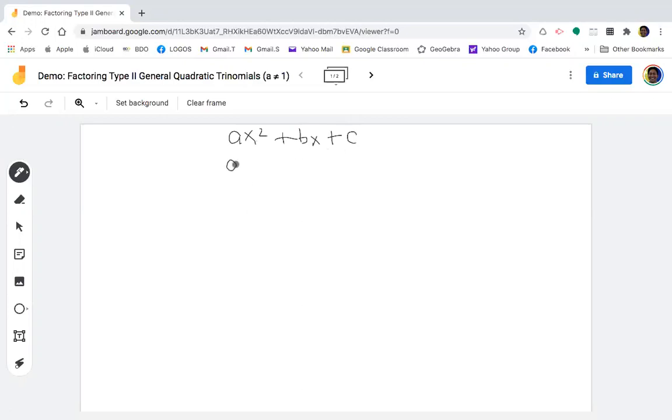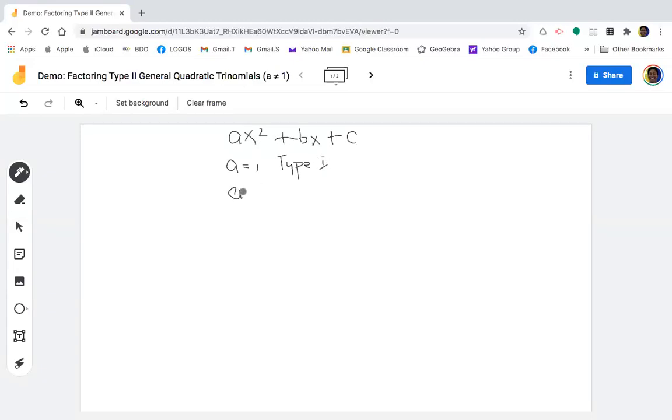Now, if a is equal to 1, that means it doesn't show in the equation itself. You don't see anything there. If it's 1, it doesn't have to be written. Now, if a is equal to 1, that means it belongs to type 1, and we've already discussed this in a previous lesson, how to factor type 1 general trinomials.